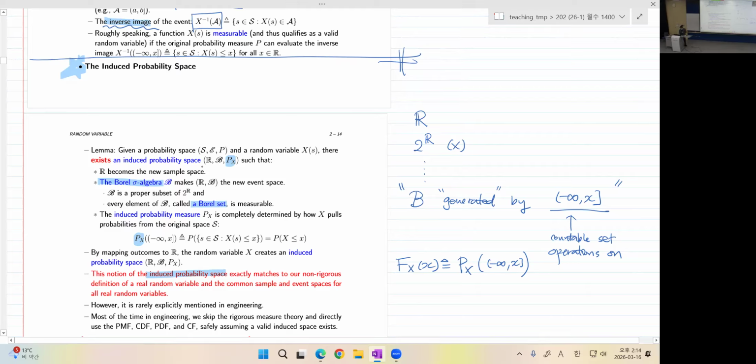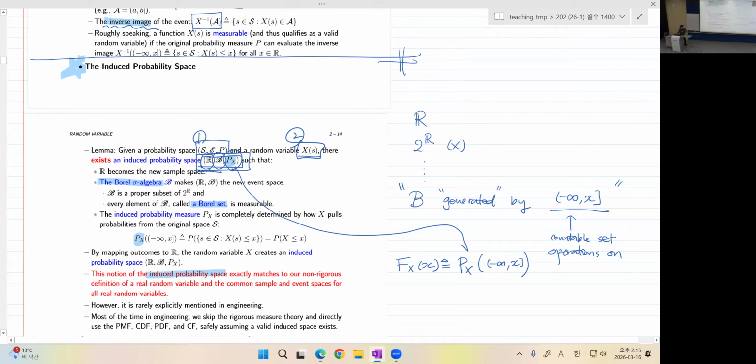So as I told you, given 1 and 2, 1 is the probability space of the underlying random experiment, and the random variable X. Actually, 1, 2 together is equivalent to this new triplet probability space having the real set, the Borel sigma algebra, and the induced probability measure.